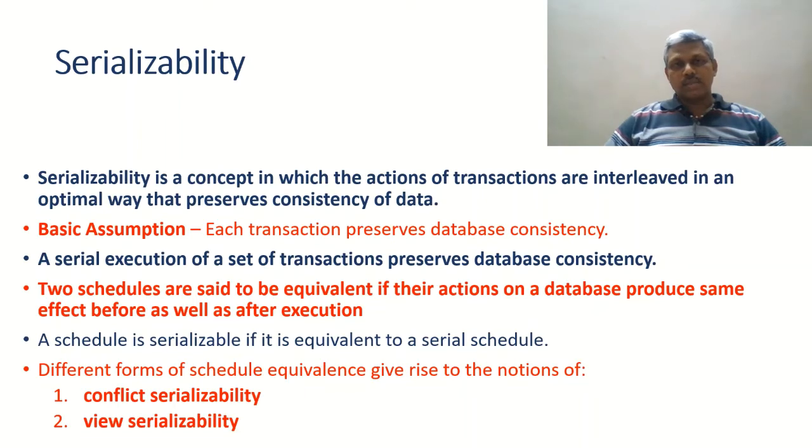The concept of serializability is studied extensively. Two important serializability concepts are well known: one is conflict serializability, another one is view serializability. In the next lecture we are going to talk about view serializability and conflict serializability and the effect of those serializabilities on the databases.